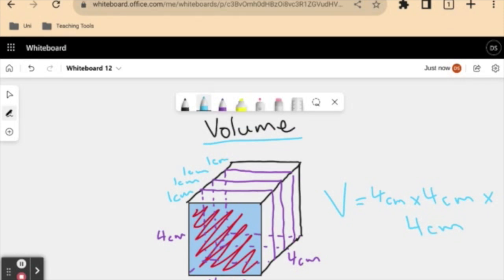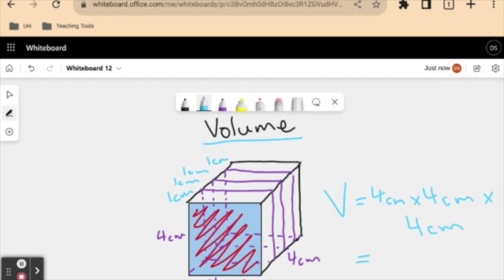So when we find certain volumes, this is the easiest case, this is just a cube, all sides and dimensions of equal length, we are multiplying all of these together.